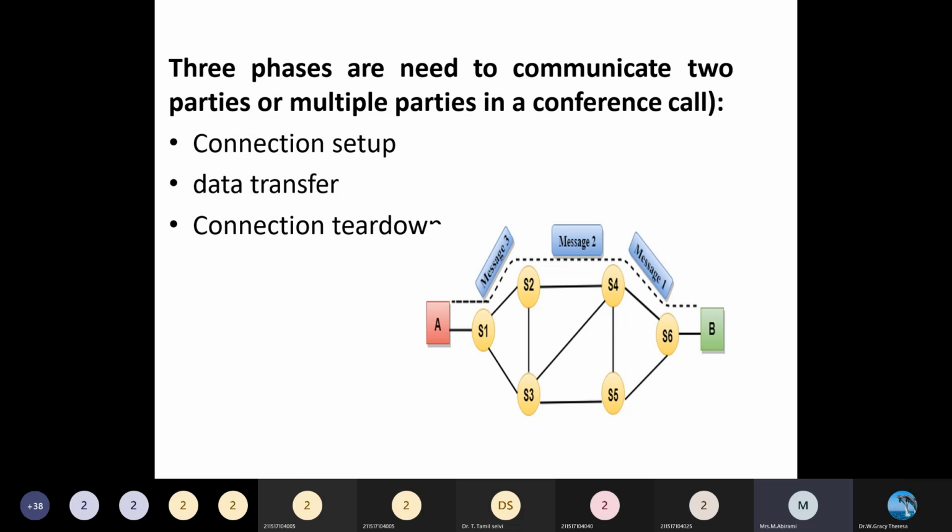So the three phases are connection setup, data transfer, connection tear down, or connection establishment, data transfer, connection disconnected. So these terms are used when communicating between two parties or multiple parties over the network.